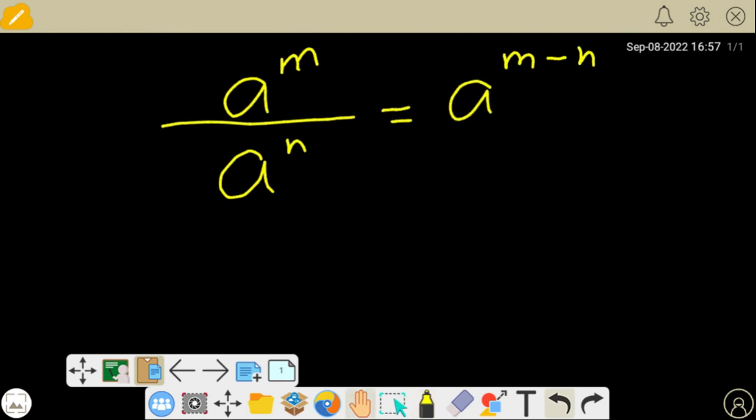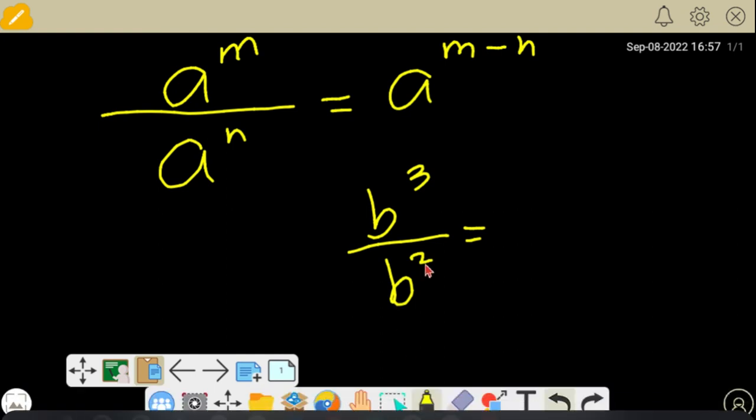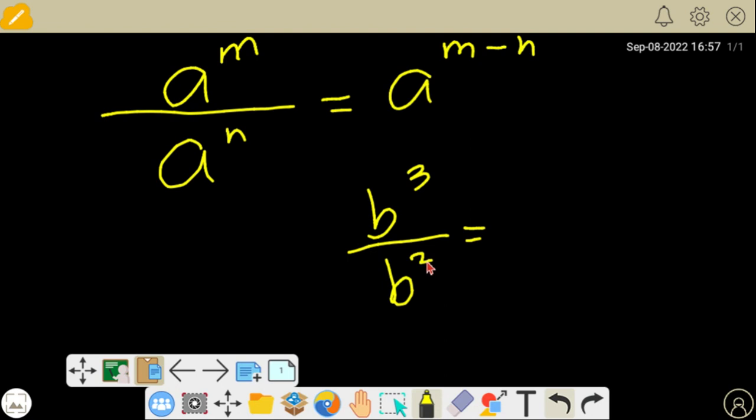For example, if we have b raised to 3, or b cubed, divided by b squared, all we get is b, just copy the same base b and subtract the exponents.